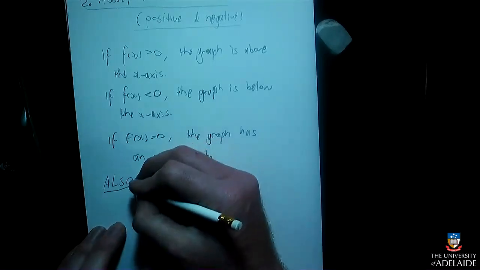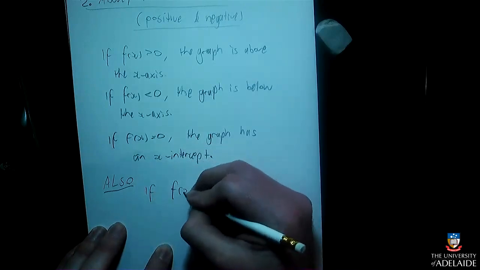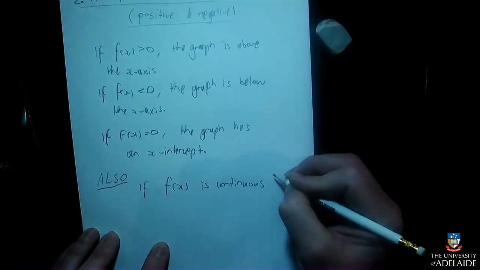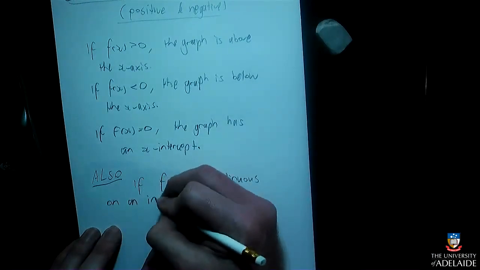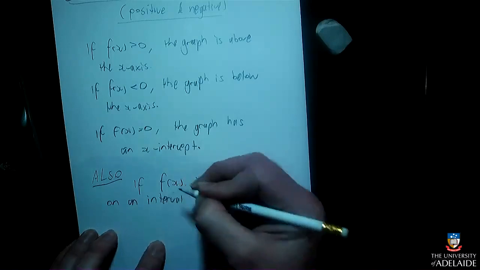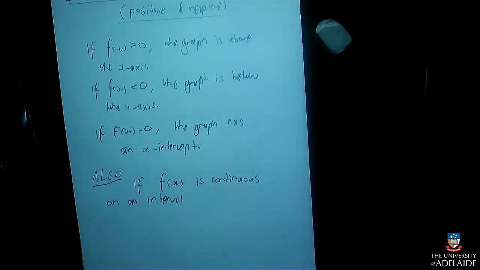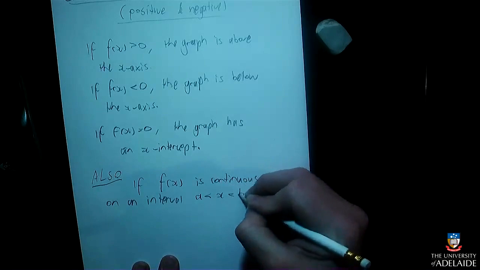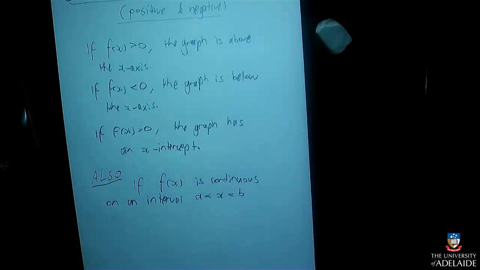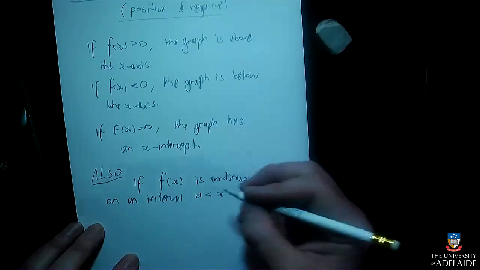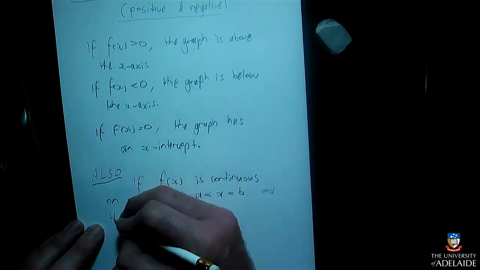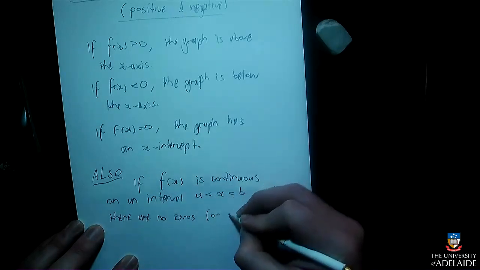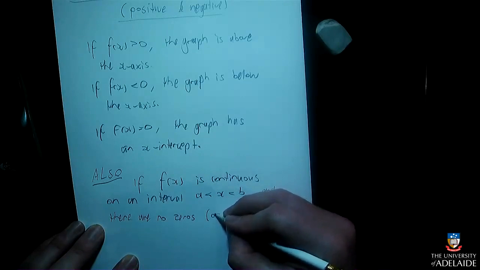Also, if f of x is continuous on an interval, so when I say interval, I mean the space between all the x's between one number and another, a and b, it doesn't really matter what the a and b are, and there are no zeros, or discontinuity, and no places where it's undefined.